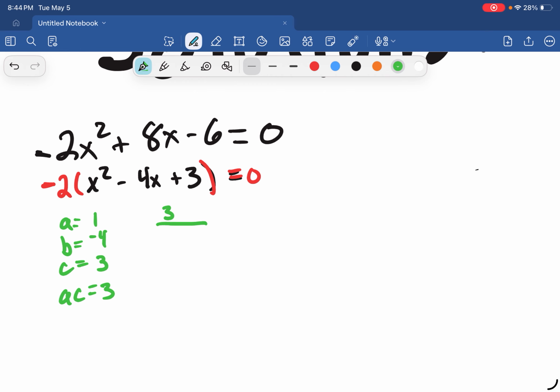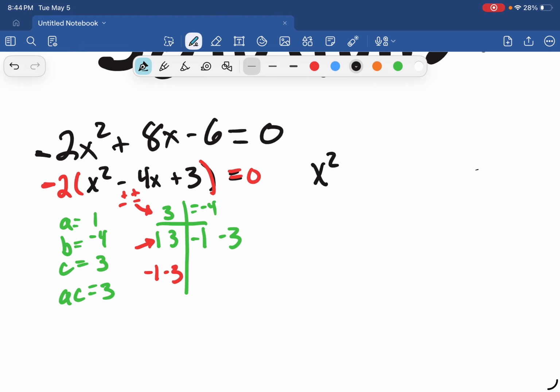And so I'd start by trying to find what numbers multiply to 3 and add to -4. It's -1 and -3. If you are looking at this going, wow, how did he know this? I have a positive number. The only way I get that is 2 positives or 2 negatives. 1 and 3 are both positive, so I could also write -1 and -3.